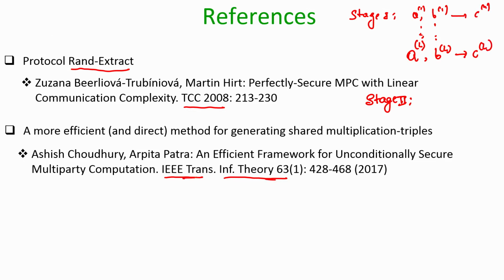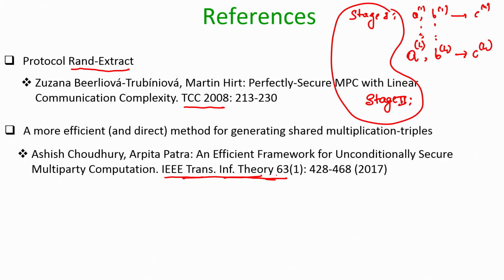In this paper we show how we can combine both these two stages in a single stage. Namely, we do not first generate the A, B components and then compute the C components, rather we ask every party to secret share some candidate random multiplication triple, and then we perform a randomness extraction on the multiplication triples themselves.